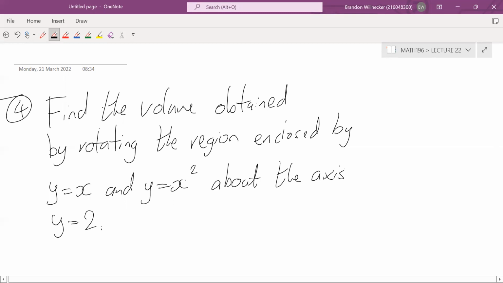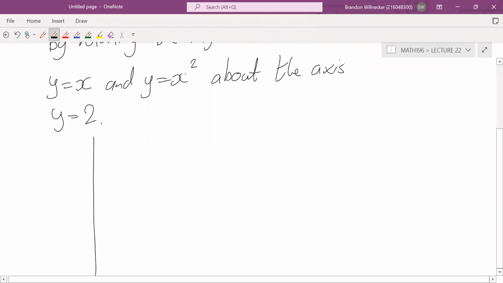Okay, so in the previous example, we rotated around the x-axis. Now we're going to take the same region, but rotate it around a different axis. Okay, so what's different in this case? So let's just draw a picture of the region, and then we can look at finding the radii. Okay, so we've got the following picture again. We've got the straight line part, we've got the parabola part.